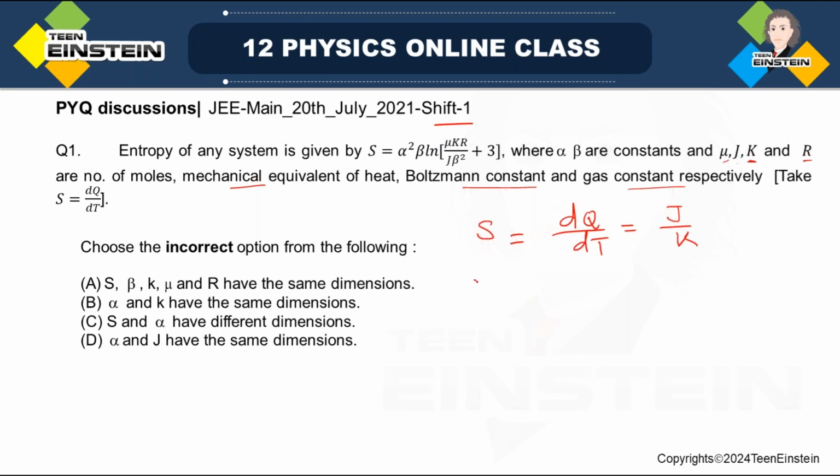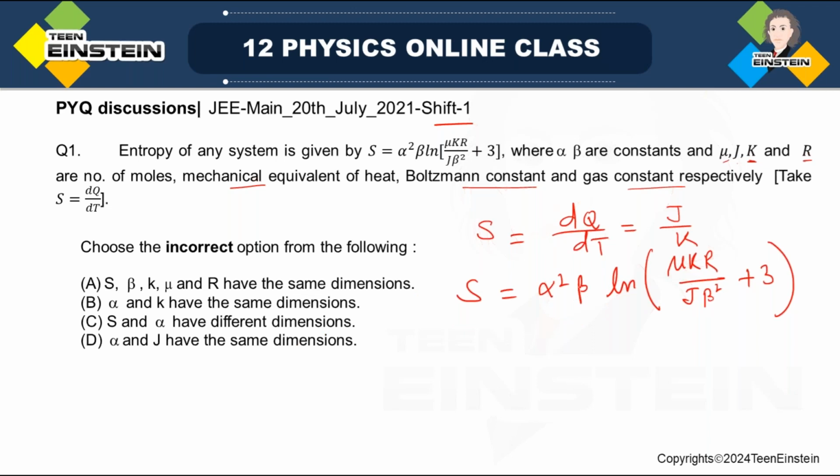Now look, I have been given this expression S is equal to alpha square beta ln mu kr by j beta square plus 3. We have to see which one is incorrect.